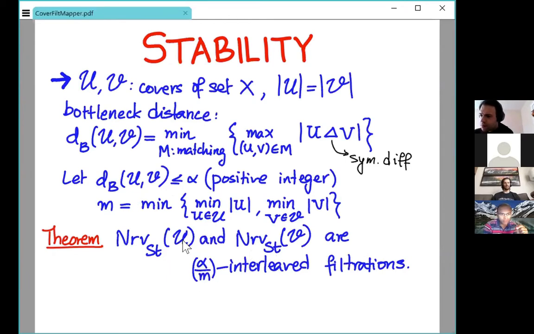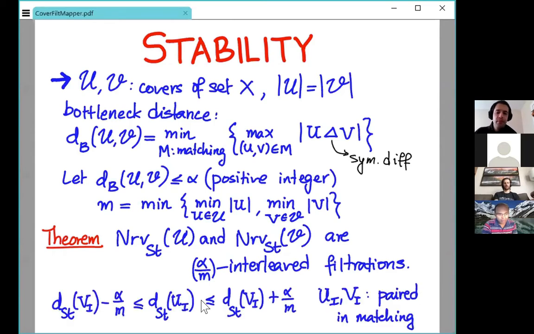But also the M matters. If you go back to the example that I had, the cover elements that are really small might create instability, or when you match them, you might have high differences in the symmetric difference computation. But if all the elements have large size, let's say all cover elements have at least 4 points and so on, then you would expect that the Steinhaus filtrations would also be close.